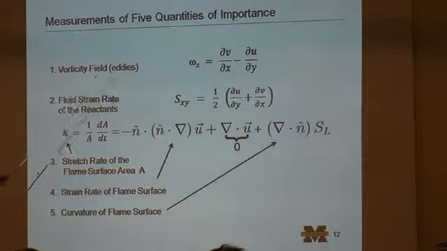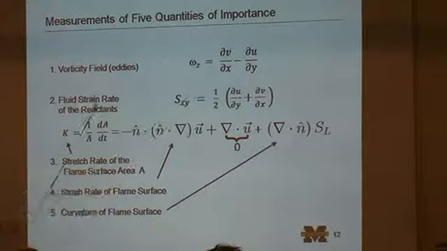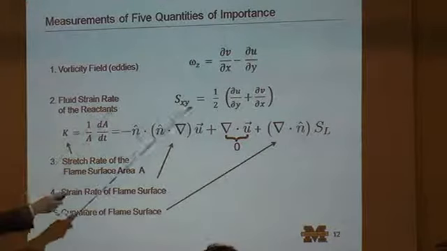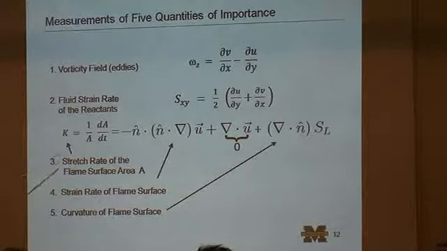What we can measure is this component of vorticity. We can measure the strain rate S_xy by taking these velocity derivatives. And then we can combine these to form the stretch rate, defined by Candel, proportional to the rate of change of the flame area. And N is the normal to the flame surface towards the reactants.